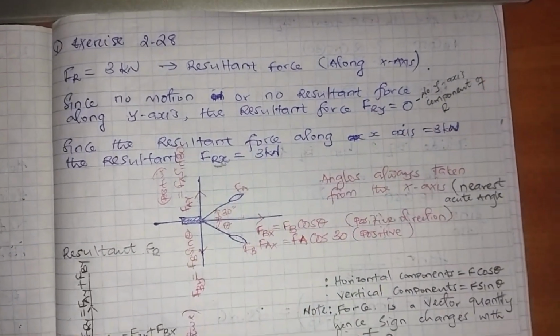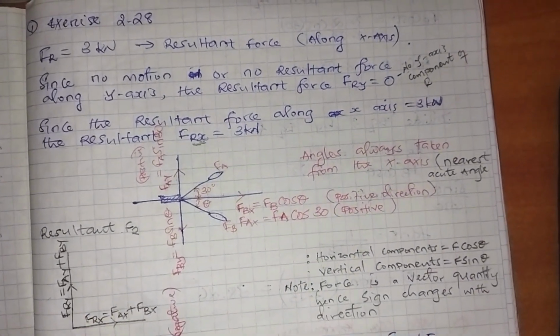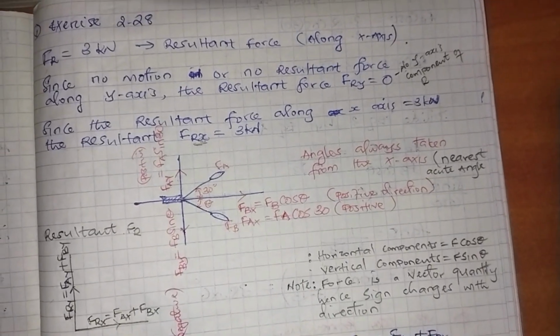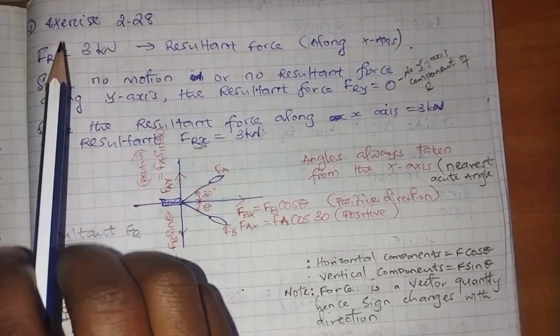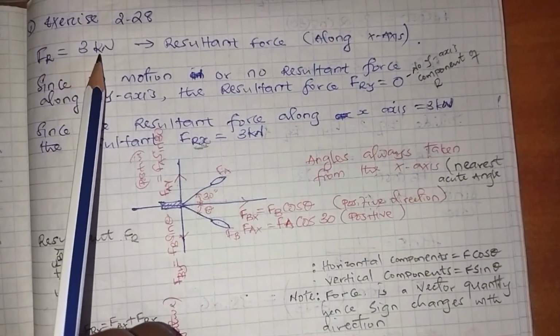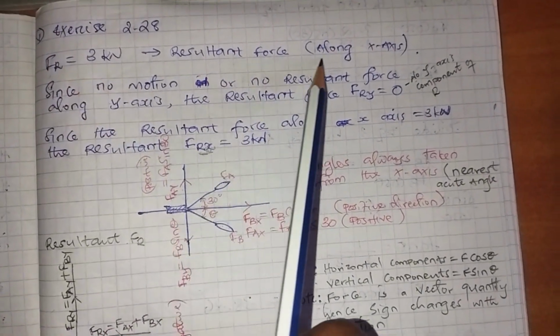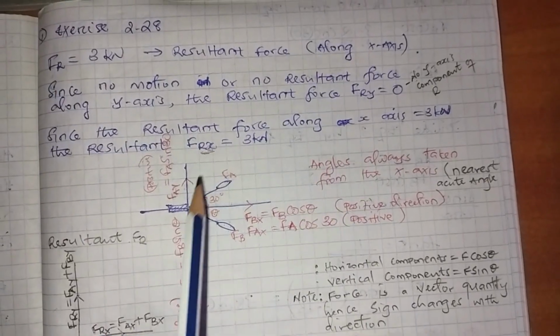Now moving on to solving the question at hand, you are given that the resultant force is 3 kilonewtons, and it occurs along the x-axis.